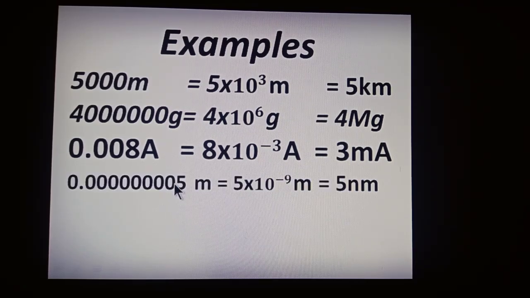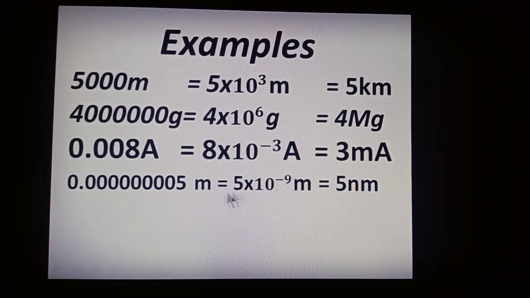Similarly, another number that is 0.000000005 meter, very small number. To express it in powers of 10, again decimal is shifted towards right after first non-zero digit, that is 5 in this case, and the 0 is shifted through 9 places.